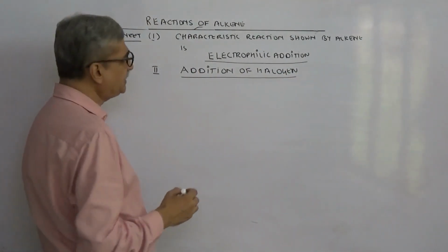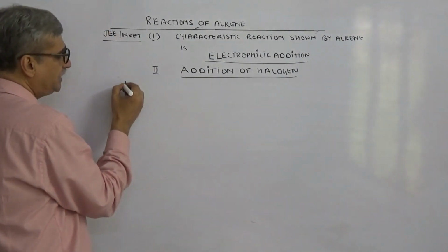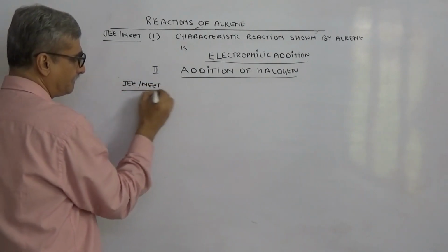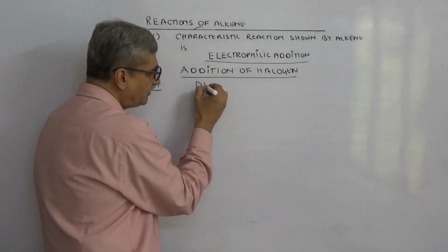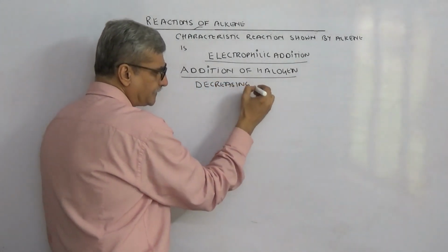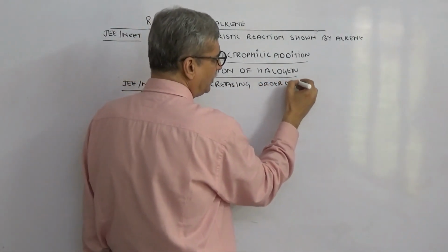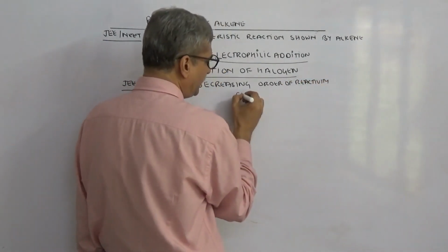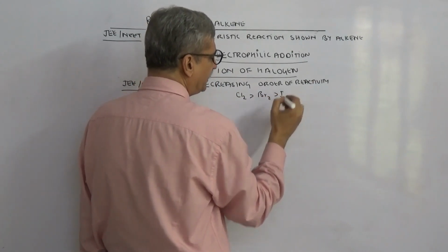The next question for JEE NEET is the decreasing order of reactivity: chlorine greater than bromine greater than iodine.